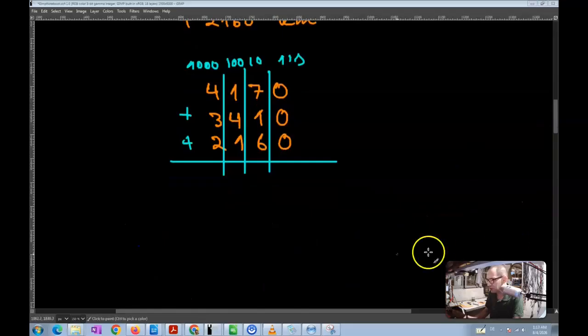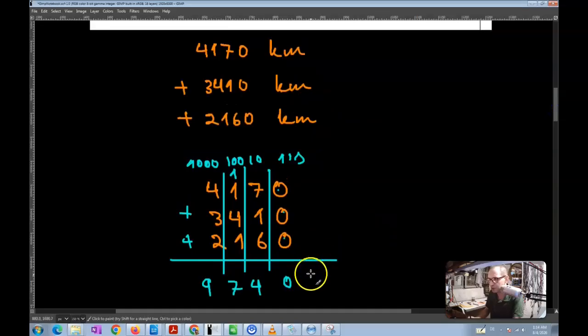So 0 plus 0 plus 0 is 0. 7 plus 1 is 8. 8 plus 6 is 14, so you have 1 carryover. 1 plus 1 is 2. 2 plus 4 is 6. 6 plus 1 is 7. And then 4 plus 3 is 7. 7 plus 2 is 9. Right? So that's 9,740, and the unit is then supposed to be kilometers.